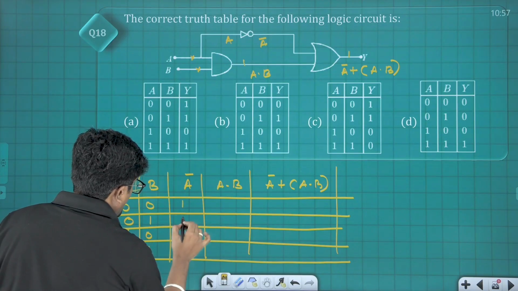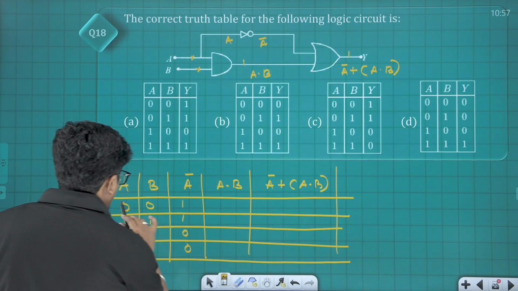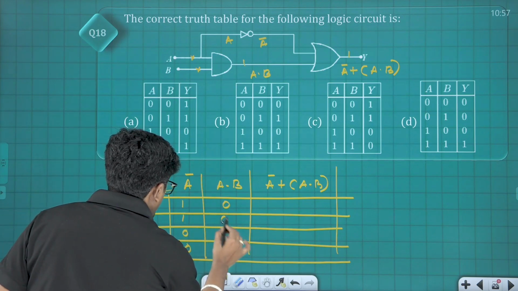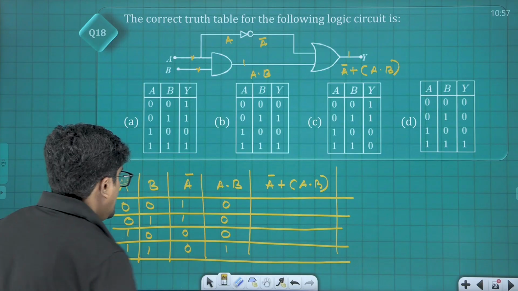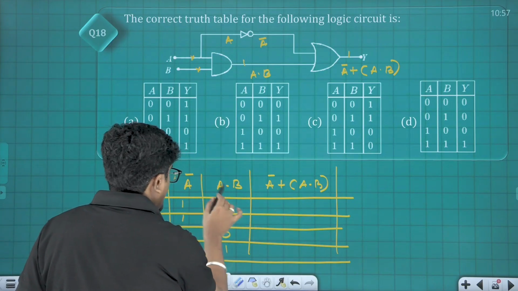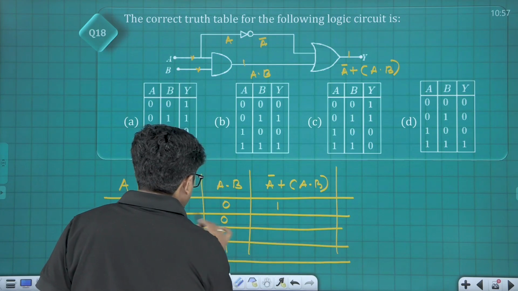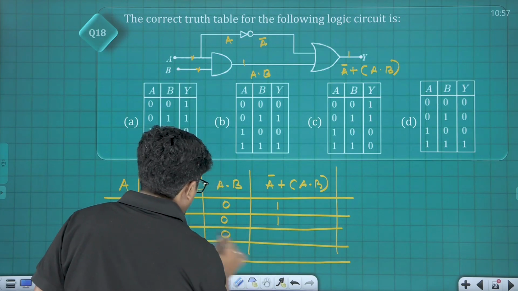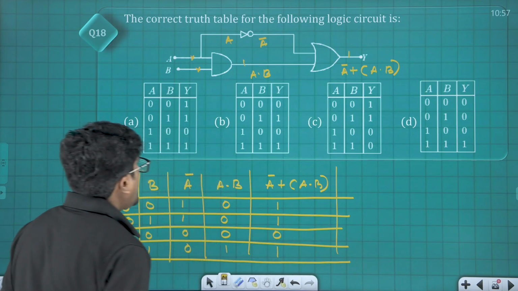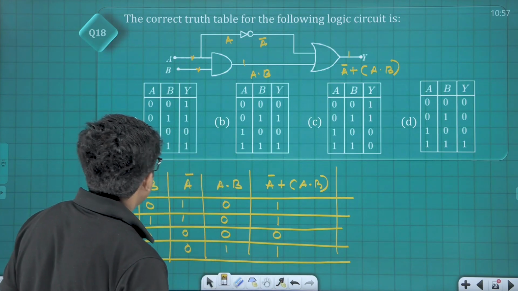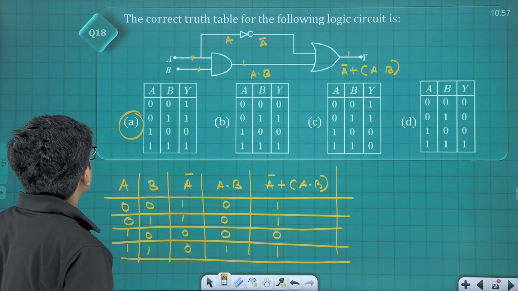A bar is going to be 1, 1, 0, 0. And A dot B is going to be 0, 0, 0, 1. Now the summation of these two, A bar plus A dot B, is going to be 1, 1, 0, 1. That means option A must be the correct answer.